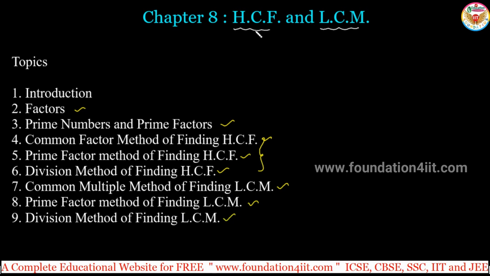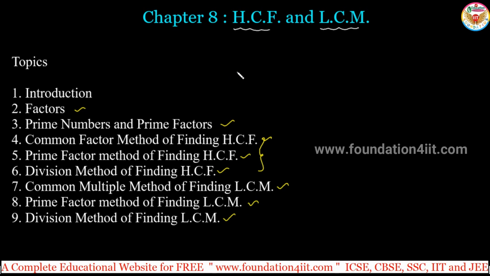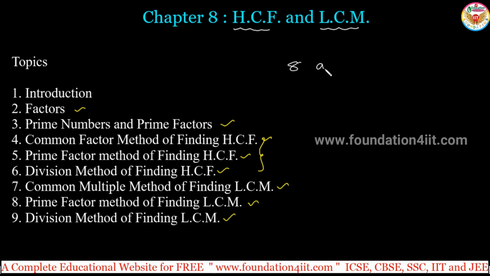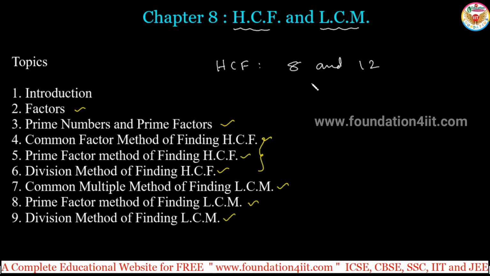HCF, highest common factor, means the greatest number that divides each given number completely. For example, 8 and 12. To find the highest common factor, look at the factors of 8 and 12.